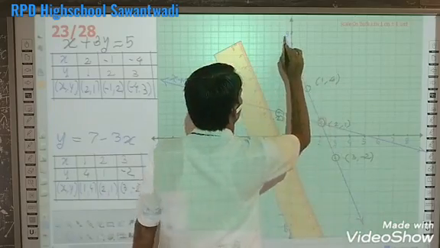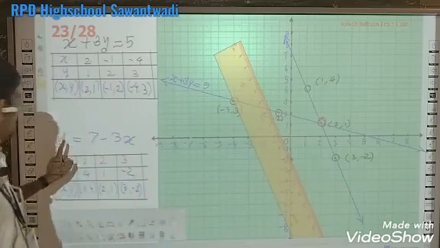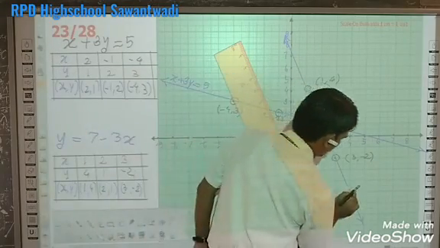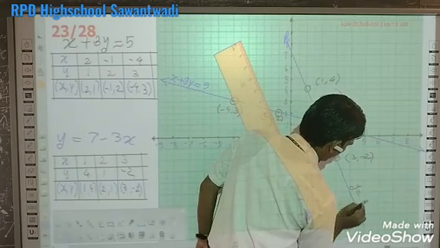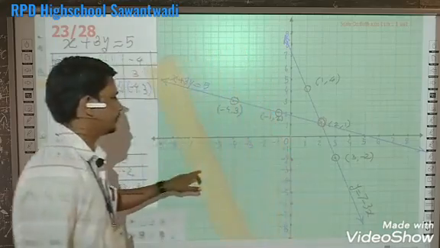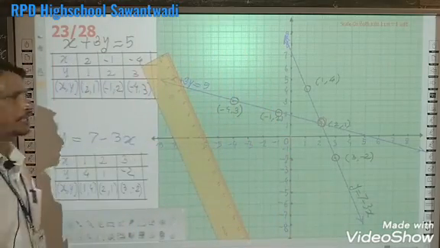Here it is. And then write the equation. What is that equation? y is equal to 7 minus 3x. So we completed this procedure, plotting the graph of both the equations.